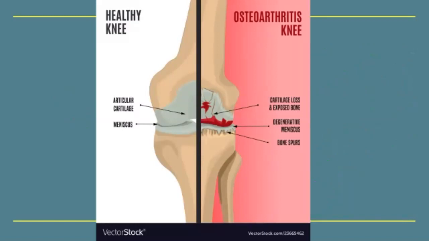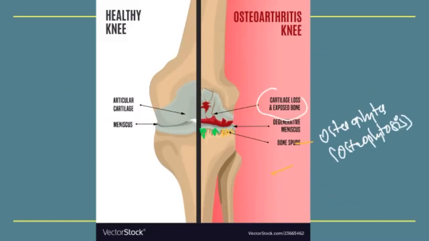So there will be bone spurs, also called osteophytes, and the process is called osteophytosis. There is cartilage loss and exposed bone. Cartilage will be lost. Degenerative meniscus is called sclerosis.